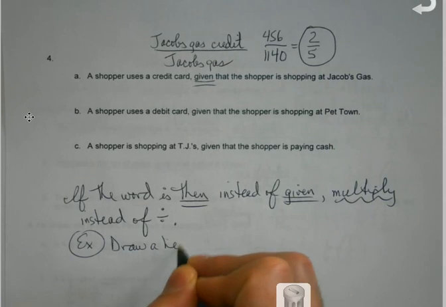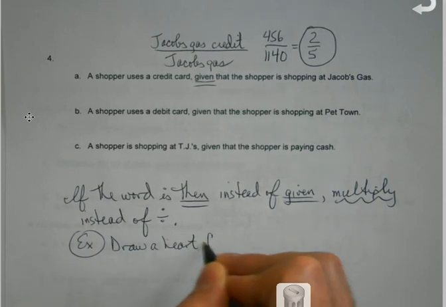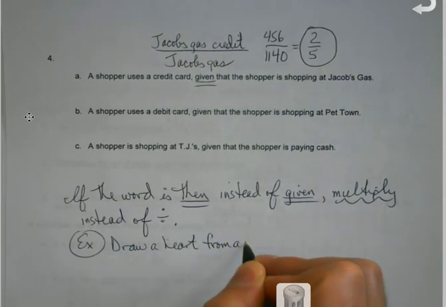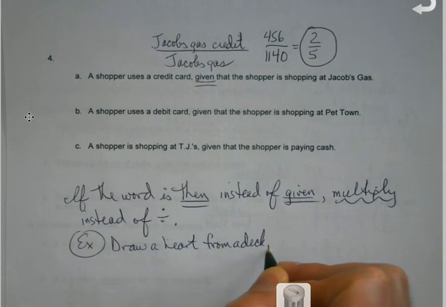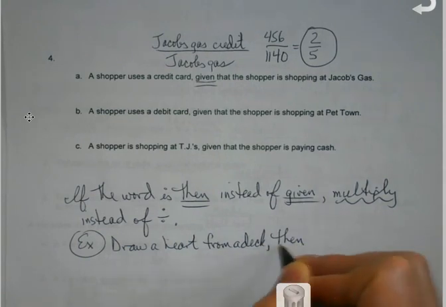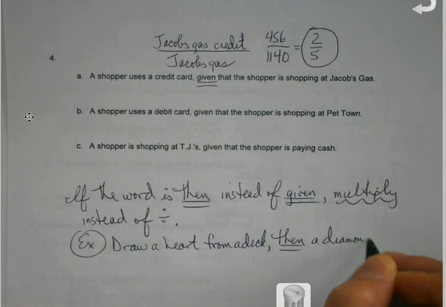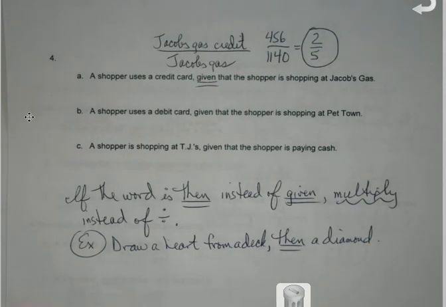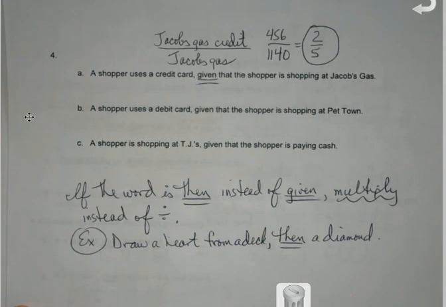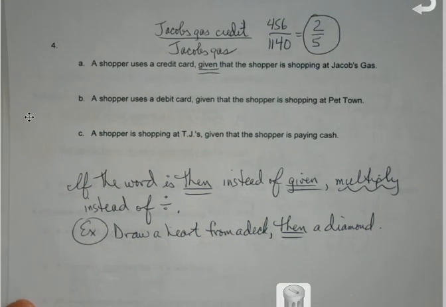Draw a heart from a deck, then a diamond. Okay, notice it doesn't say given it's a diamond, because that would be kind of hard to get a diamond that's a heart.